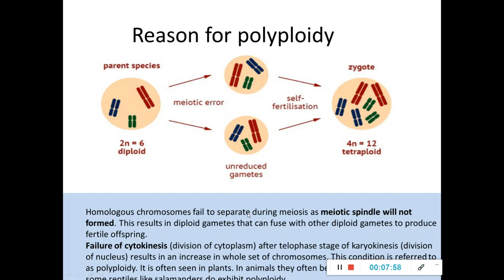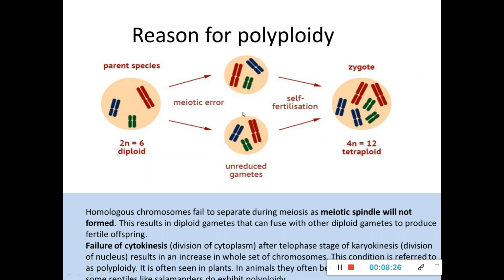This is often seen in plants, and in animals it is very rare, but you can see it in some amphibians like salamanders, and also in some goldfishes. So it is a condition where the whole set of chromosomes is increased. We saw the reason why polyploidy occurs.